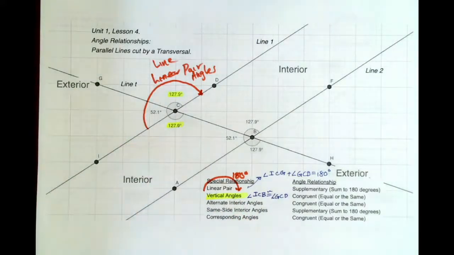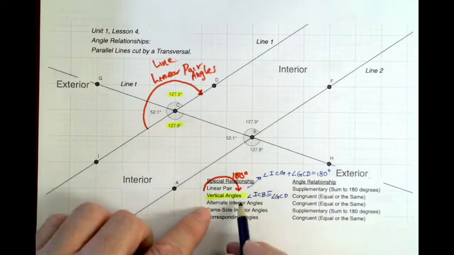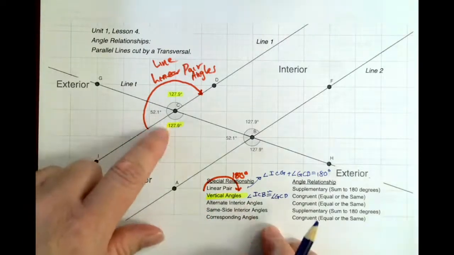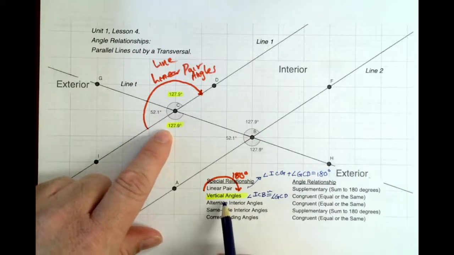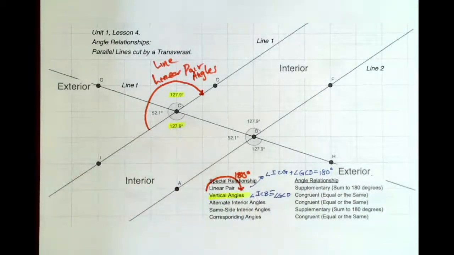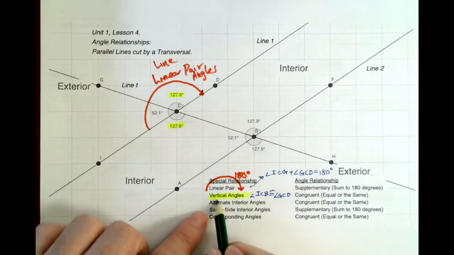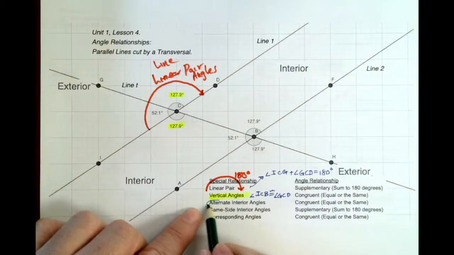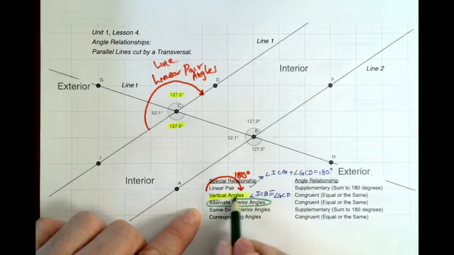Now we have two of these that are interior. So let's look at the first situation. I'm going to switch to a blue. I'm going to switch to green. I'm going to use a green circle here to circle alternate interior angles.